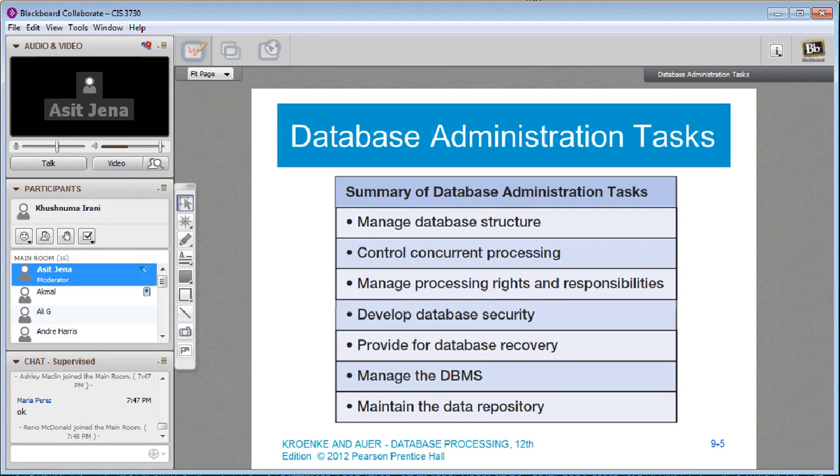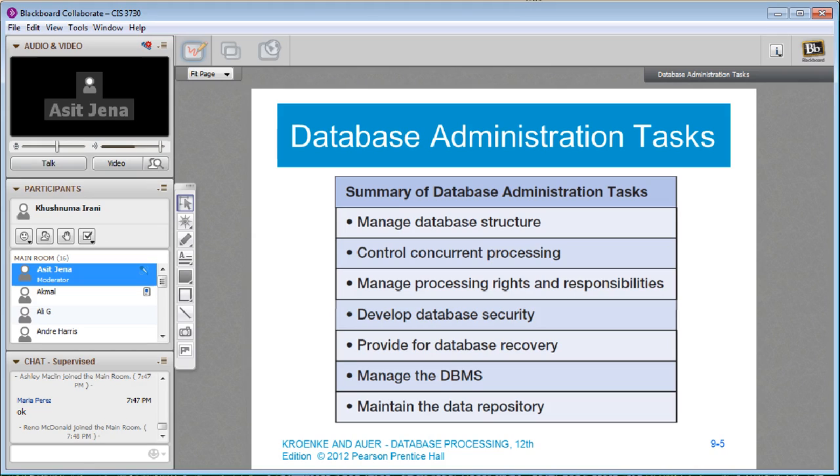So what are the jobs that a database administrator does? They manage the database structure. Usually, like when you created tables and a physical database schema, those are usually done by the DBA. The DBAs are the primary keeper of the databases.